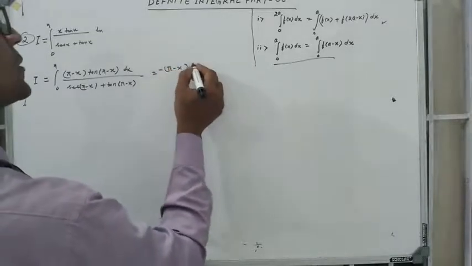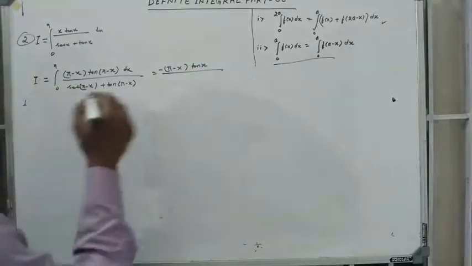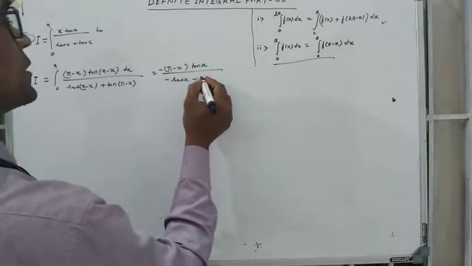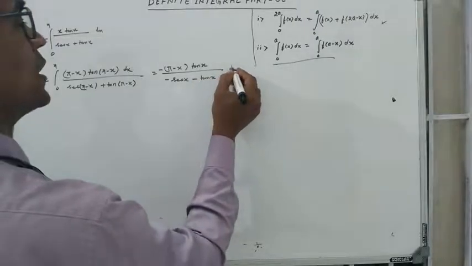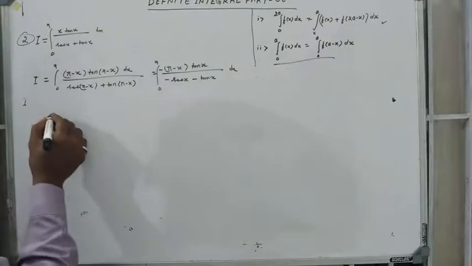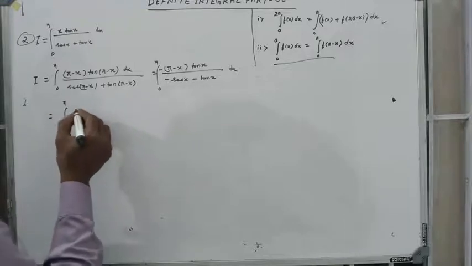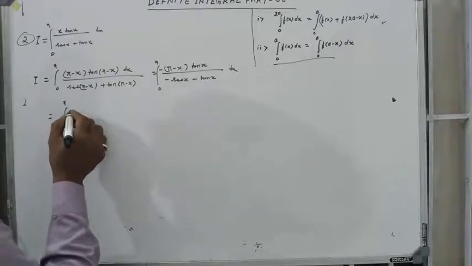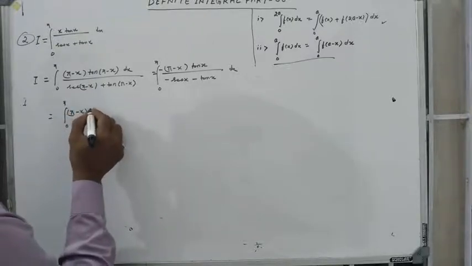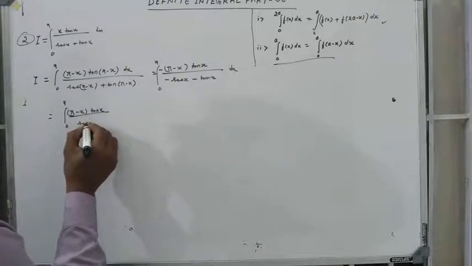So minus tan x divided by sec of pi minus x, which is minus sec x, and then minus tan x dx, integral 0 to pi, and then pi minus x, tan x by sec x plus tan x.